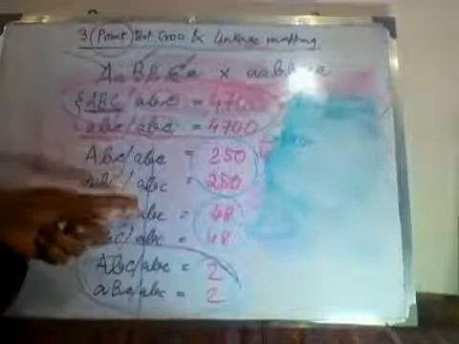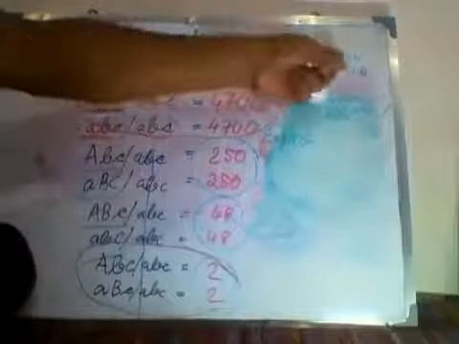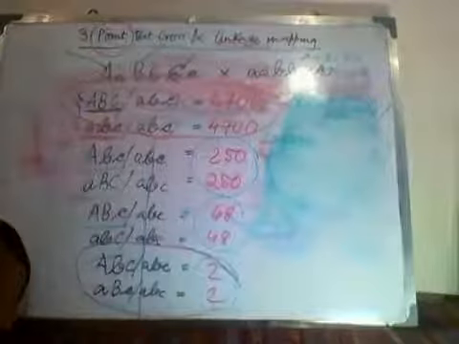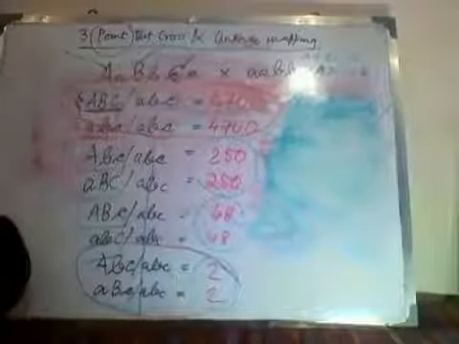Now, the expected DCO, how do you calculate this? Remember, we have calculated the gene distance between A and B to be 5.4 centimorgan, and from B to C, 1 centimorgan, right? Now, what do we mean by 5.4 centimorgan? It is 5.4% crossing over, meaning 5.4 events per 100.